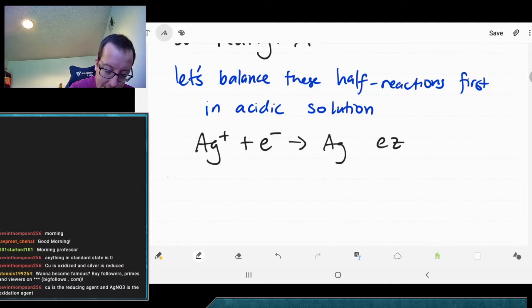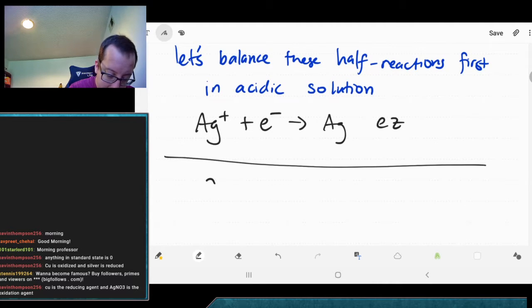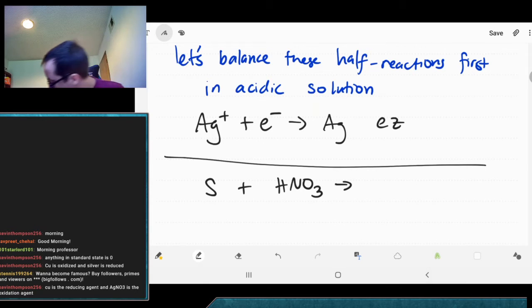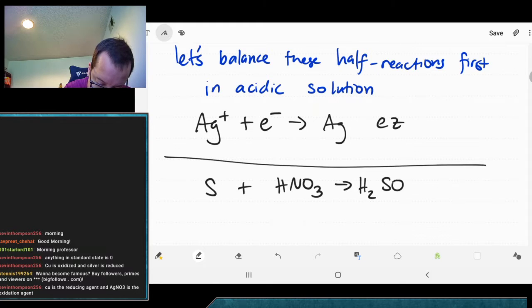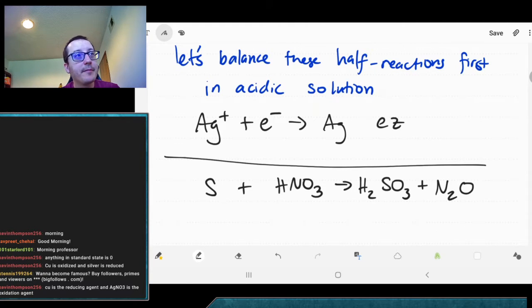So let's take a look at this reaction. We have sulfur plus nitric acid turning into sulfurous acid and nitrous oxide, N2O. When things are more complicated, we're going to have to balance them a little bit more delicately than we would be able to otherwise.